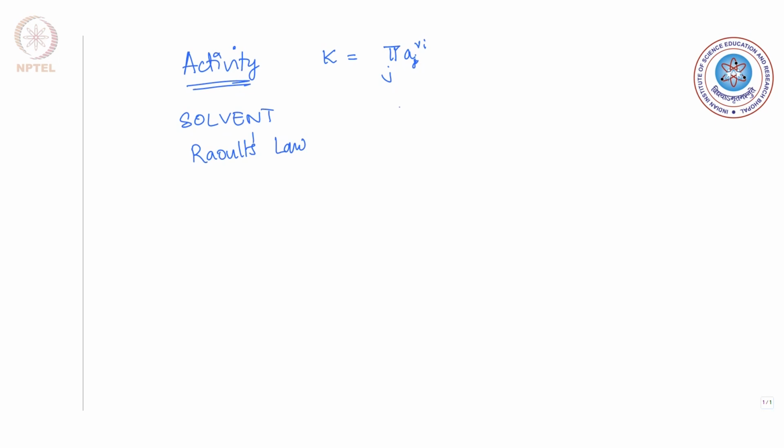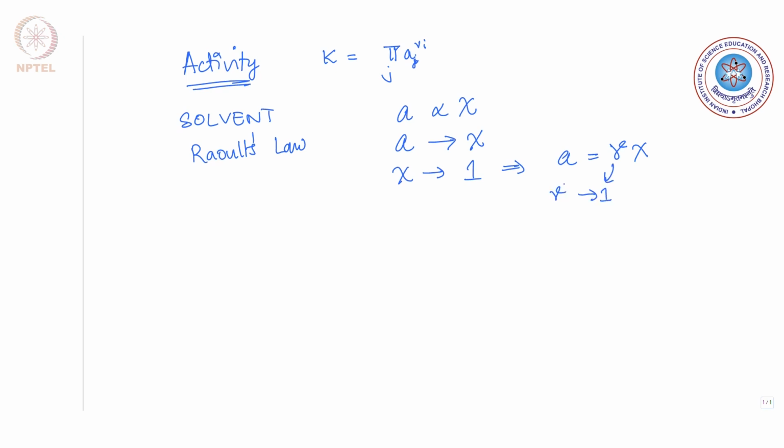And in this definition, the activity would be proportional to the mole fraction, and as we all know, Raoult's law is obeyed when the solvent is more pure. So, meaning that activity will tend to the mole fraction when mole fraction tends to 1. This indicates as mole fraction tends to 1, the activity coefficient gamma also tends to 1.